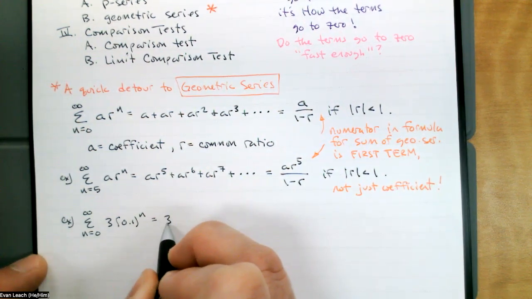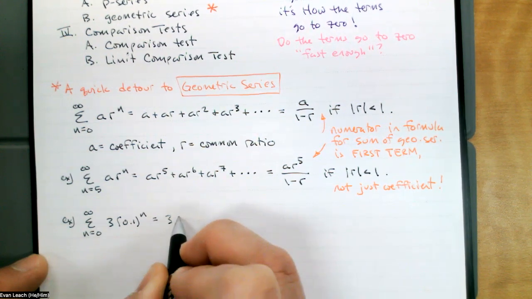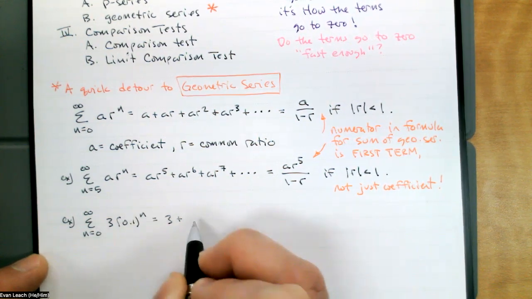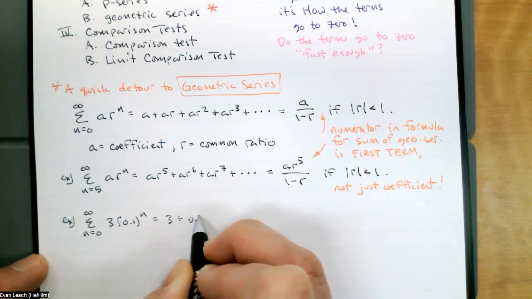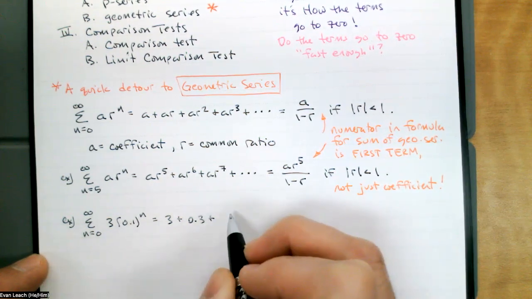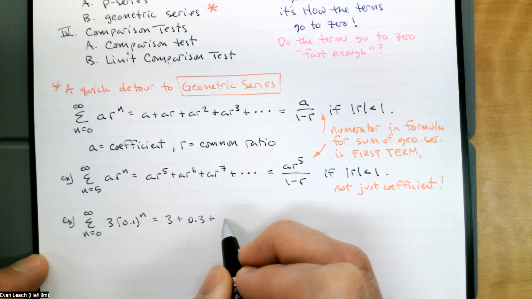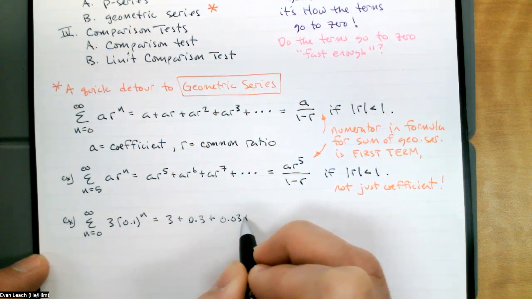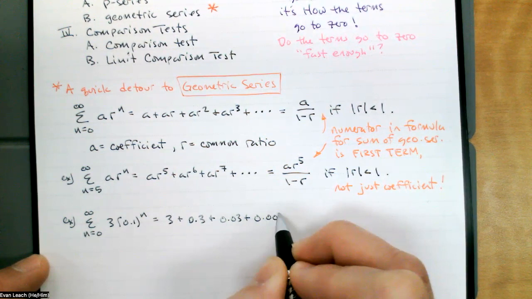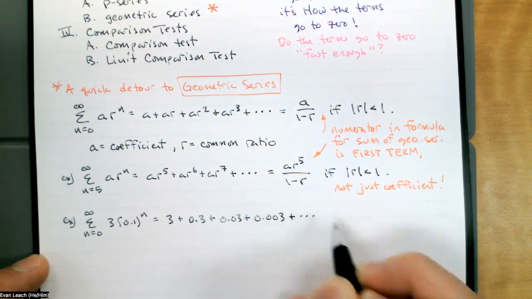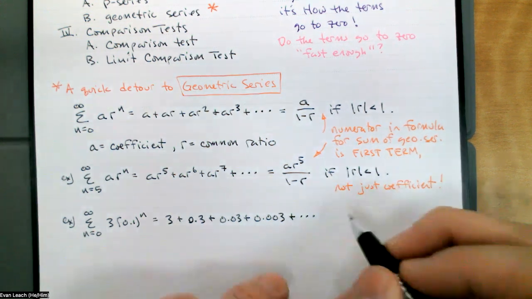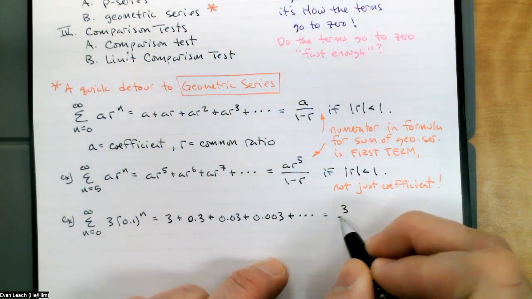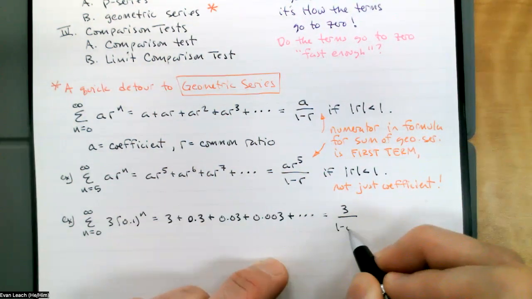Here we start off at 3 times 0.1 to the 0, plus 3 times 0.1 to the first, plus 3 times 0.1 to the second, and so on. The first term here is a 3. And we divide this by 1 minus the common ratio.